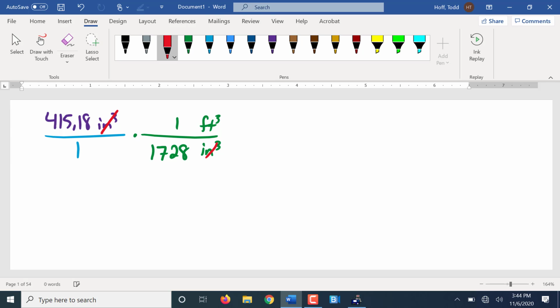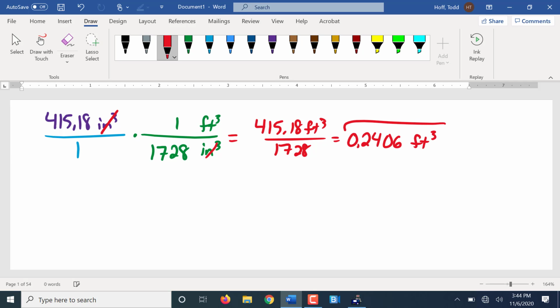So the cubic inches cancel out, 415.18 divided by 1728 is about 0.2406. We'll round it at that.